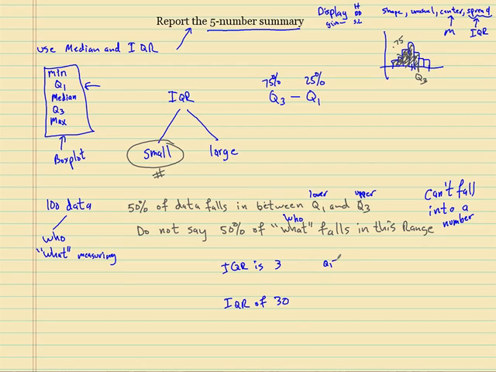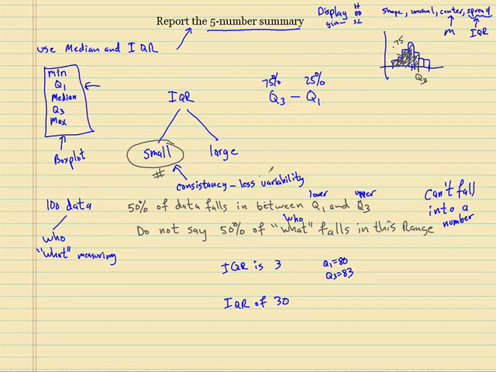Let's say Q1 equals 80 and Q3 equals 83. Now, small IQRs imply consistency, or less variability.